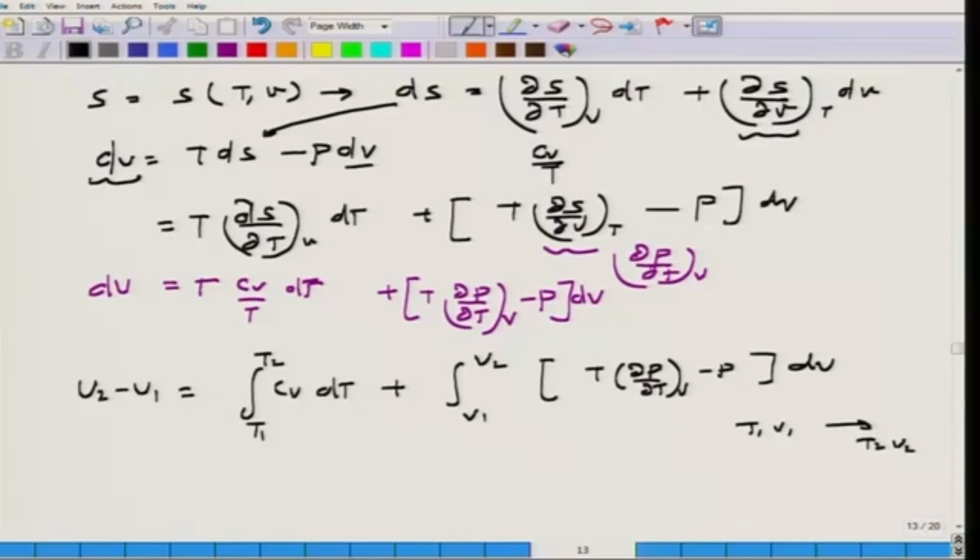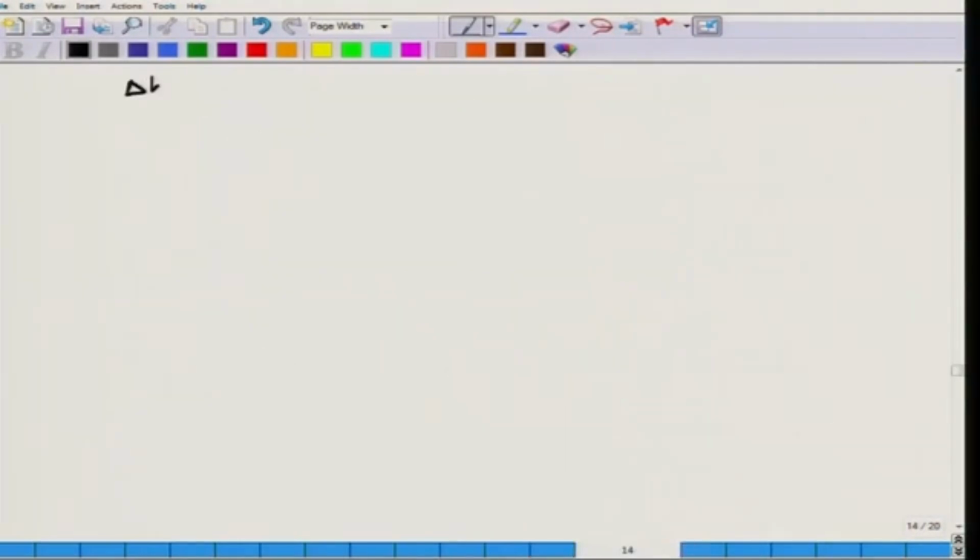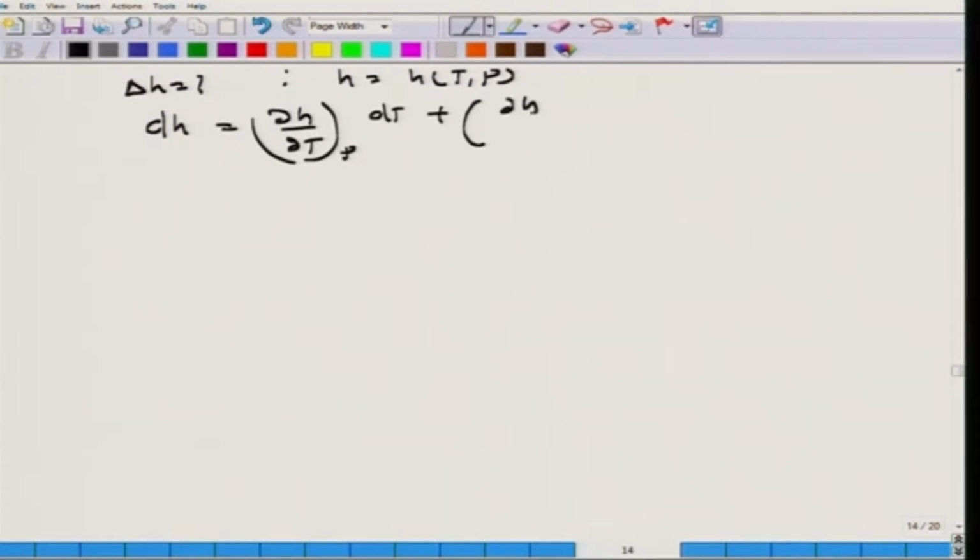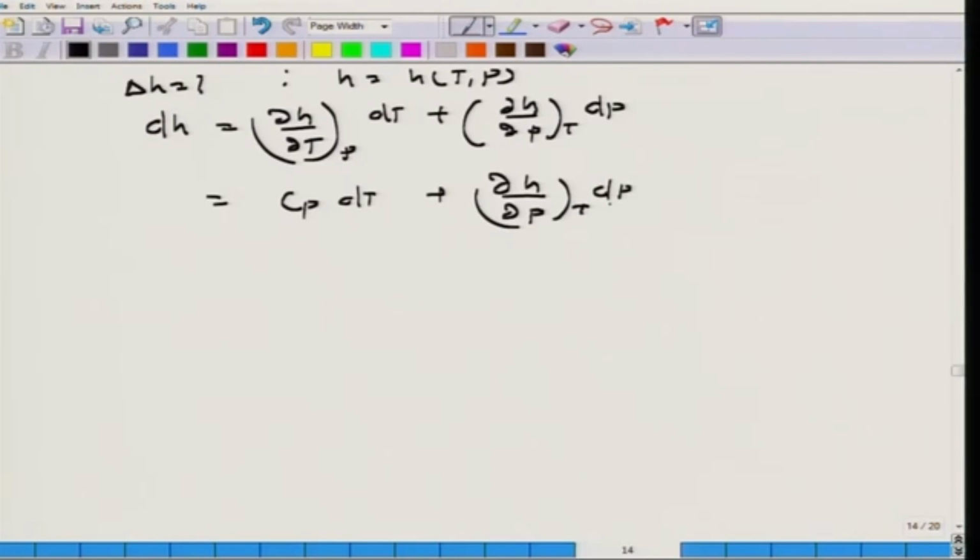Similarly we can also calculate the change in enthalpy. What would be the change in enthalpy? We already know H is a function of T, P. So dH is going to be del H by del T at constant P dT plus del H by del P at constant T dP. This is going to be Cp dT plus the second term.